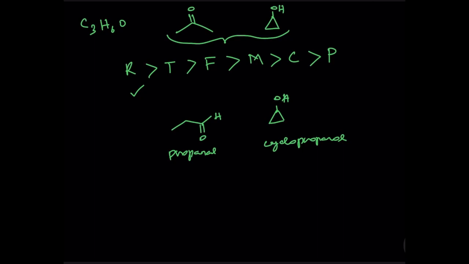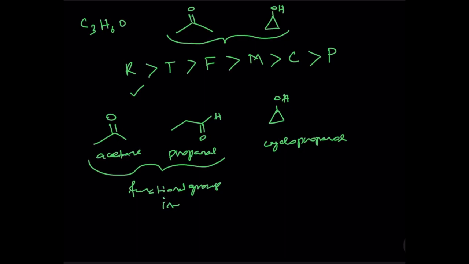But on the contrary, if you are comparing acetone with propanol, then you are talking about functional group isomerism, because there are no rings here.